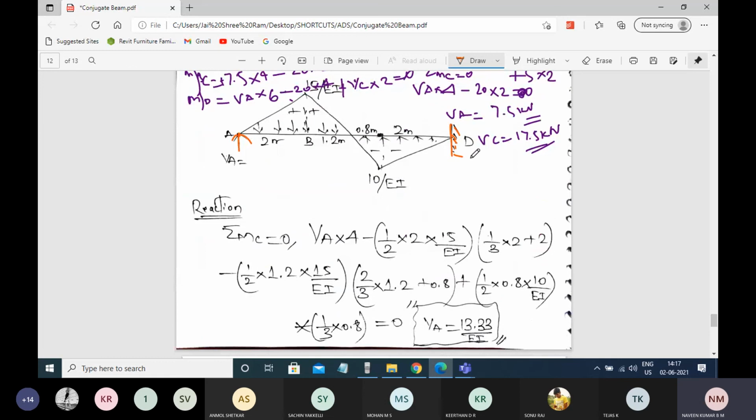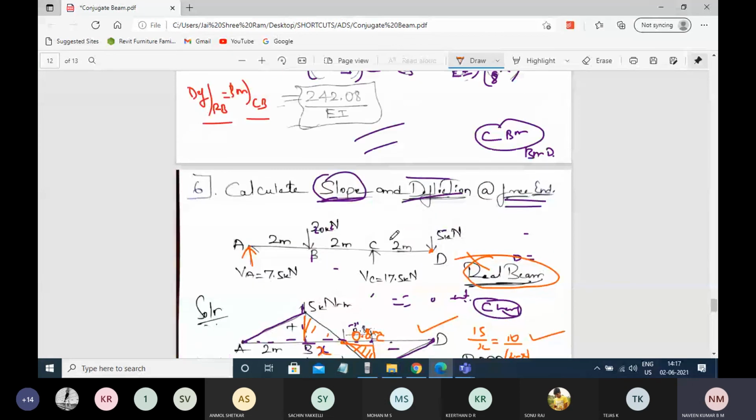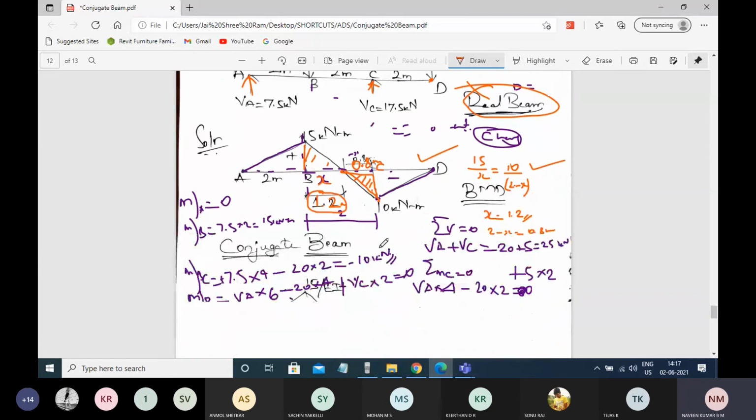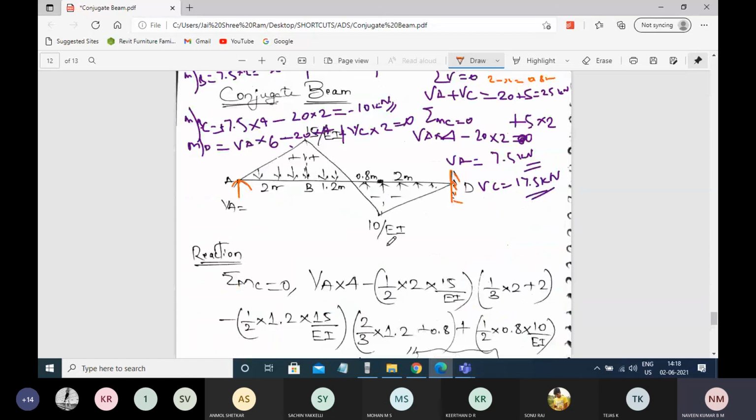And this particular simple support will become a hinge support in the conjugate beam. These are the modifications you need to make, and the same bending moment diagram you can write as M by EI.